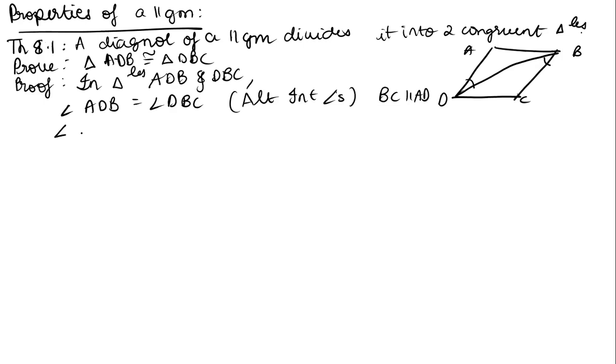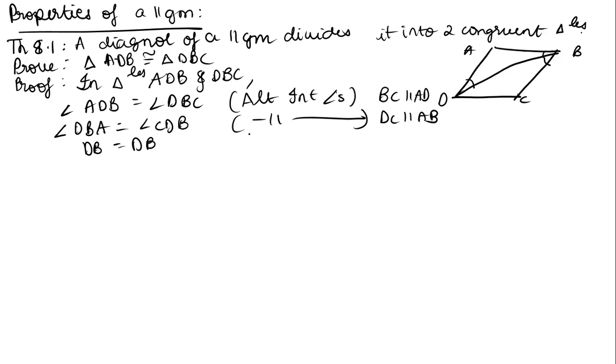Similarly, angle DBA is equal to angle CDB, again because of alternate interior angles, but this time DC is parallel to AB. Also we can say that DB is equal to DB. Why? Because it is the common side.